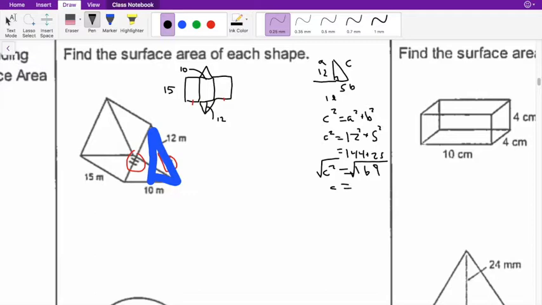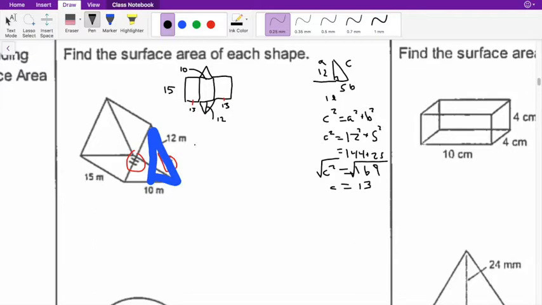C is going to equal 13. Let's make sure about that. 13 squared is 169. Good. So that's going to be our C side. Now we know that's 13.